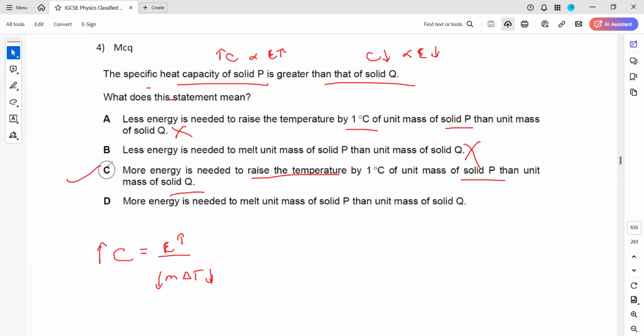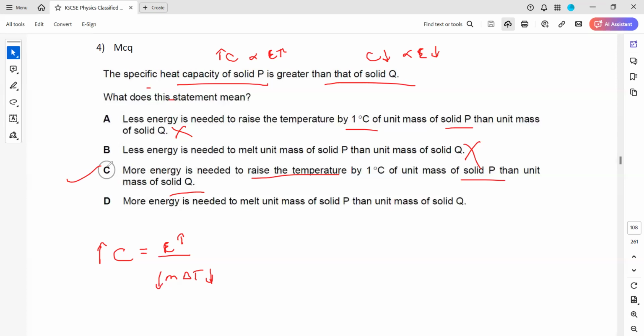We need a greater amount of energy to increase the temperature by 1 degree of 1 kilogram of P as compared to that of Q.